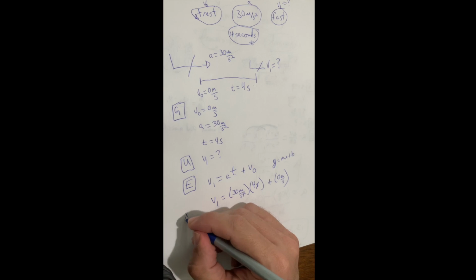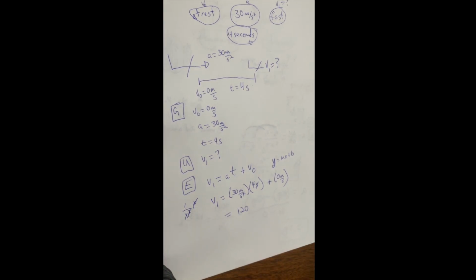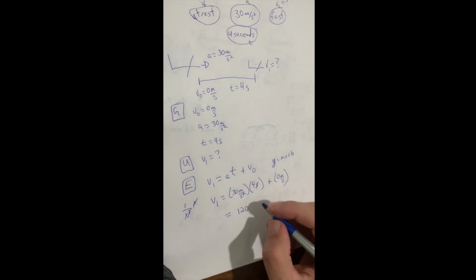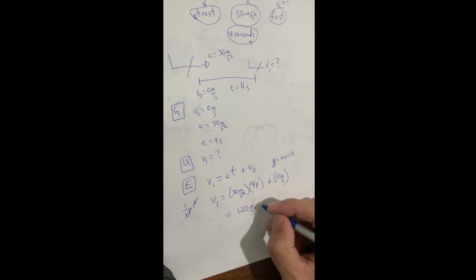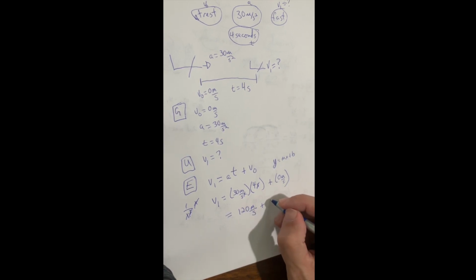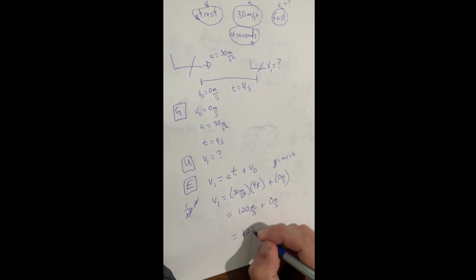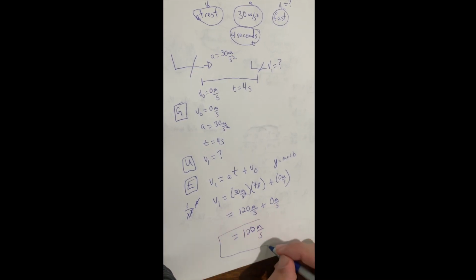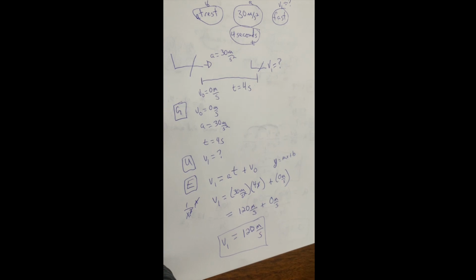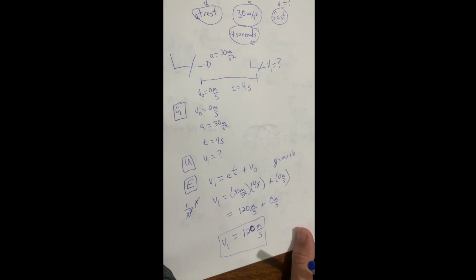So just like x squared times x, one of those x's would cancel and you would be left with 1 over x. We are left with one of those seconds there, so 120 meters per second plus 0 meters per second, and so we have 120 meters per second is our V1, our ending velocity. Be careful, that is our ending velocity. Okay, and we are done.